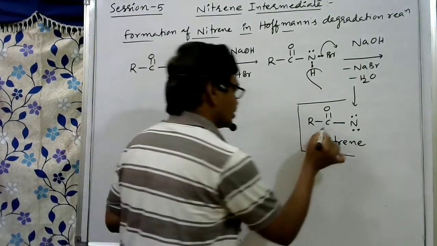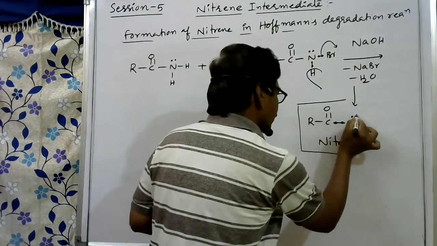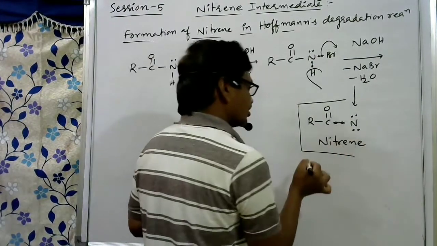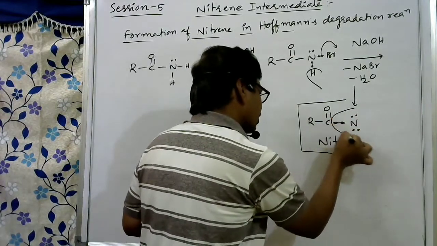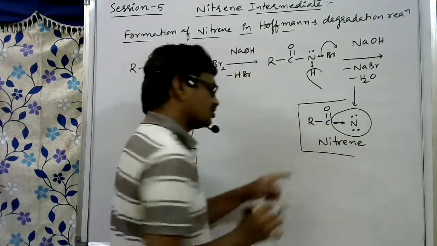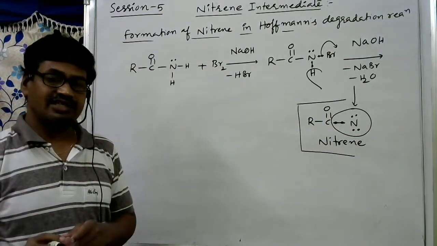Here 2 electrons, here 2 electrons, here 2 electrons. These are the lone pairs and this is the bonding electron pair. Total 1, 2, 3, 4, 5, 6, so it is the nitrene intermediate.